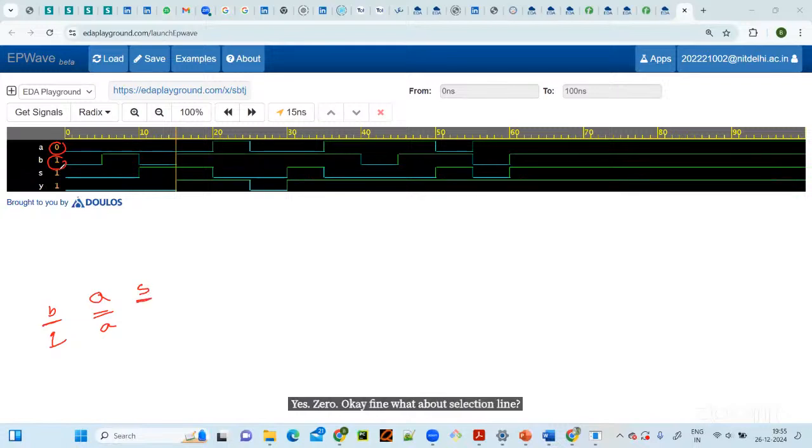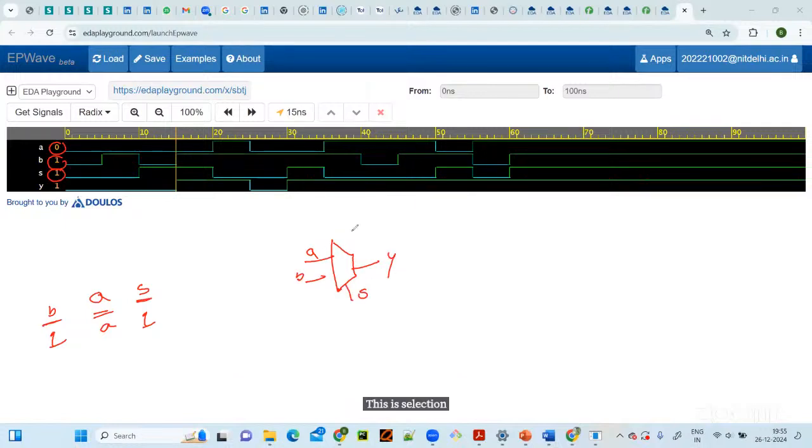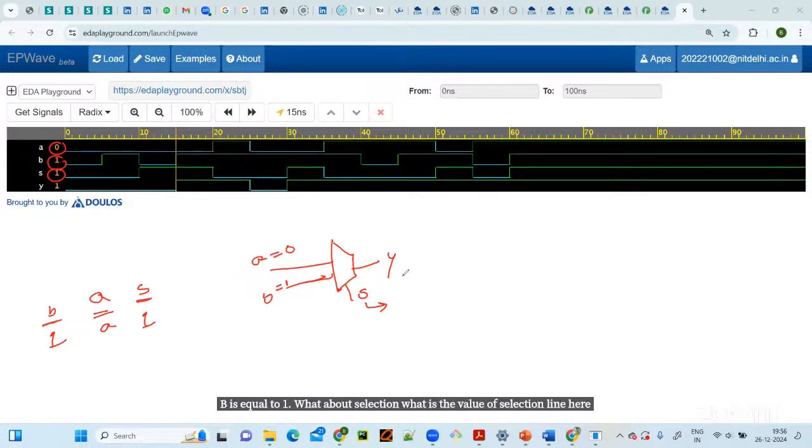This is A, this is B, this is the selection line, this is the output. Here A is 0, B is 1. What is the value of the selection line here? The selection line is 1, right?